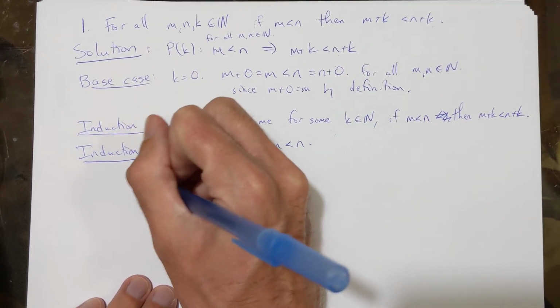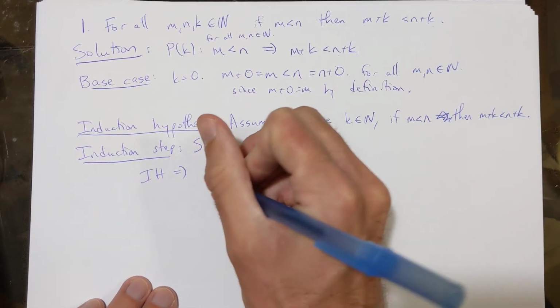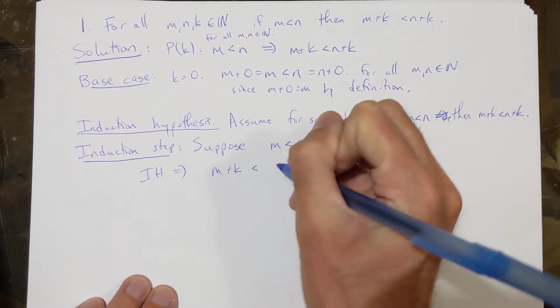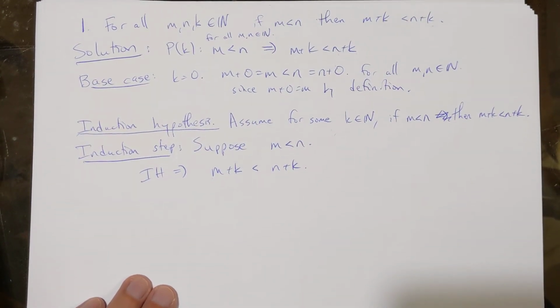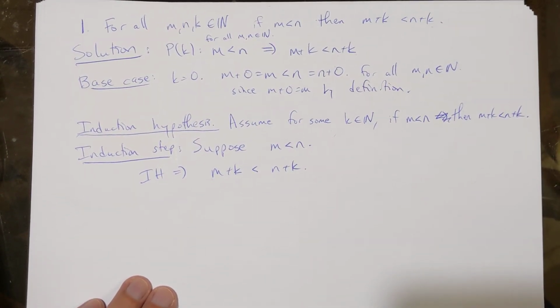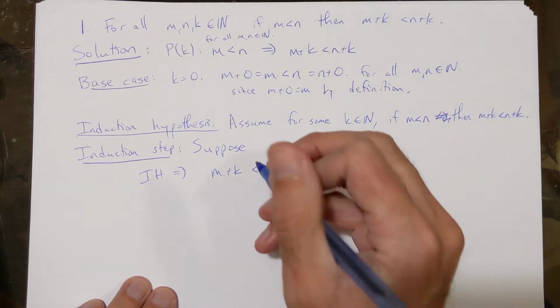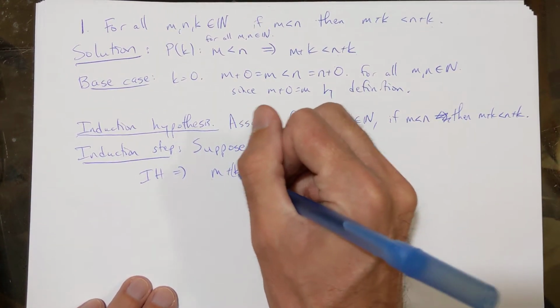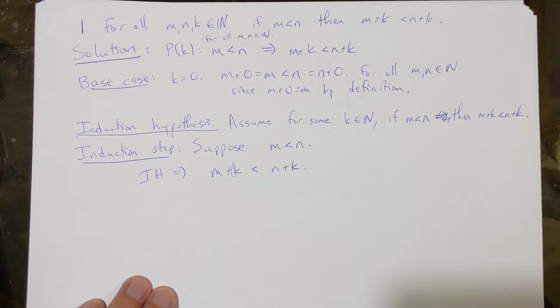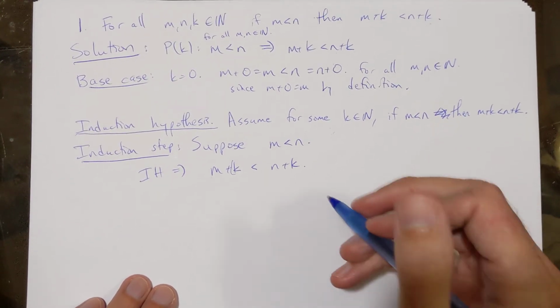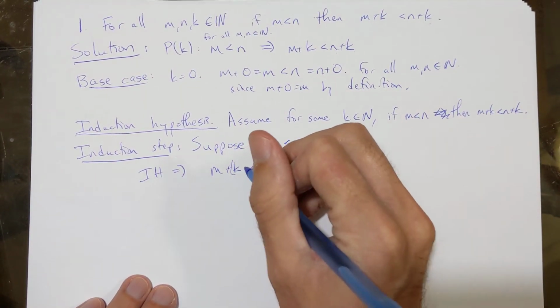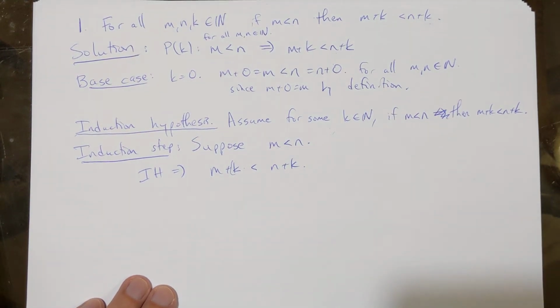So the induction hypothesis implies that m plus k is less than n plus k. What we want is a k plus 1 instead of k. So we have to hope that we can add 1 to both sides of this inequality. If we can, then that would be good.